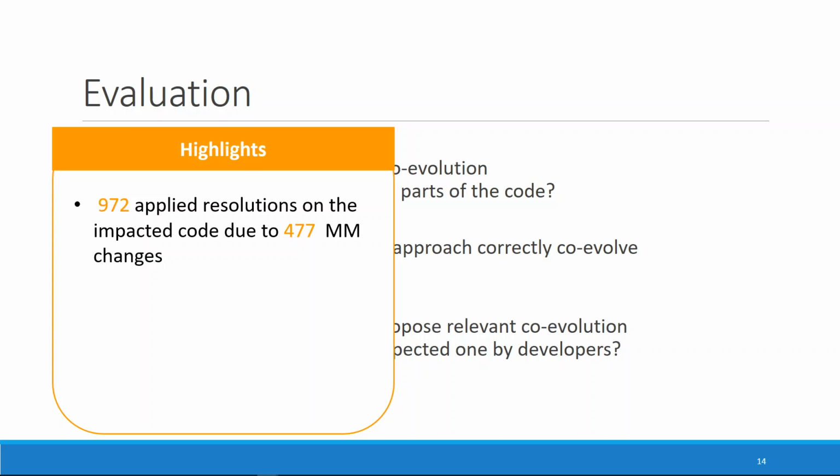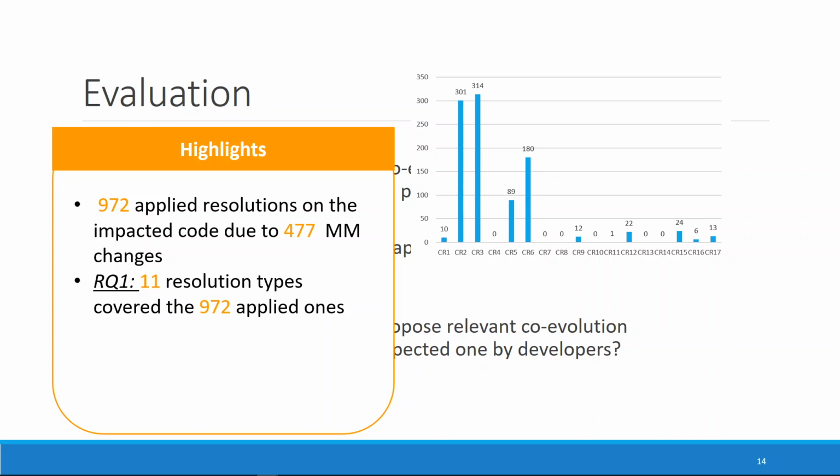So to summarize, we had more than 900 impacts due to 477 metamodel changes across the 5 metamodels of the 5 projects. We were able to propose resolutions for each one of them, and almost 11 resolutions were sufficient, mainly to delete, rename, and replace elements, but also other resolutions.